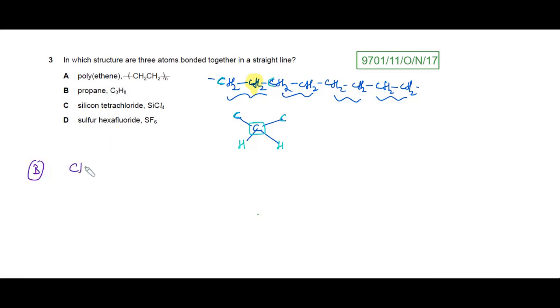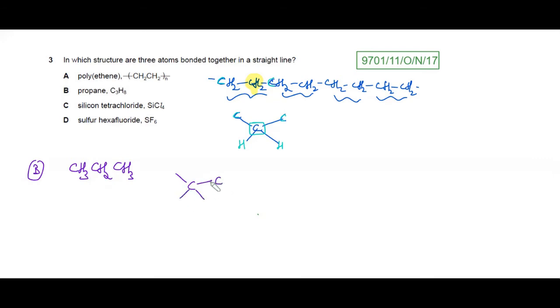Propane is CH3, CH2, CH3. Now let's try to analyze how the atoms are bonded. Each of the carbon atoms is having single bonds only. Single bond means it will be having a tetrahedral arrangement. So tetrahedral arrangement means the first carbon has 1, 2, 3, 4.